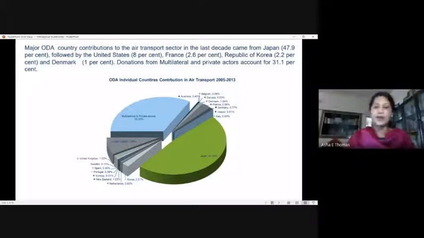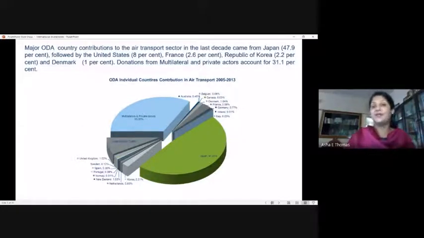Generally it's not individuals but registered corporates and organizations, charitable organizations, which have contributed to the development of air transport in the developing nations. And it is followed by the United States. From the perspective of nations, the next contributor is the US, with a contribution of 8% during this period for the development of air transportation facilities in the developing nations.